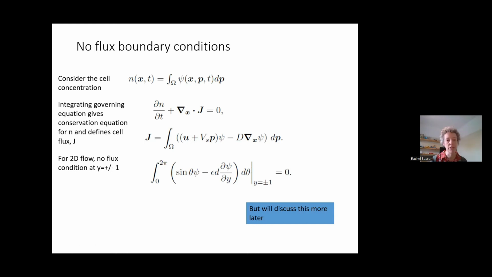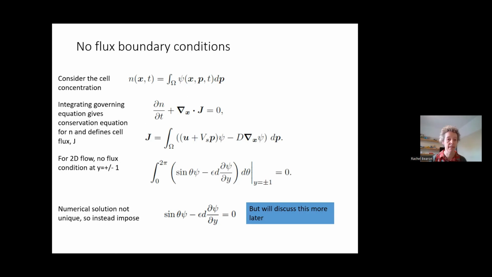Problem is that that's not a sufficient condition to uniquely find a solution of that equilibrium. So in the 2015 paper, we picked that the integrand was zero at every value of theta. And we chose that as a consistent approach.